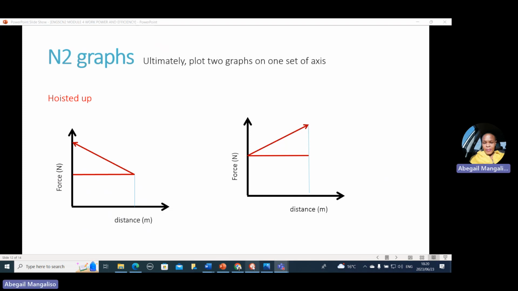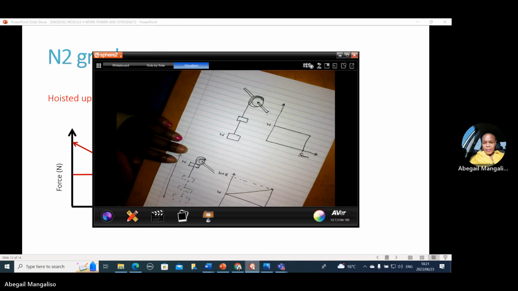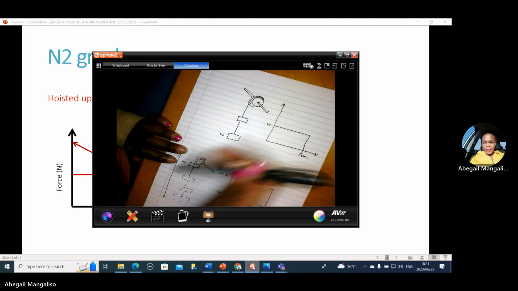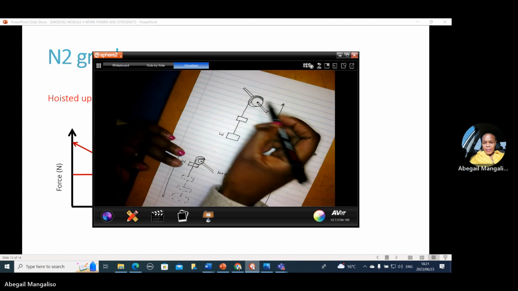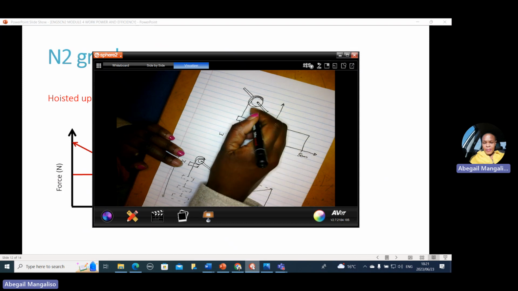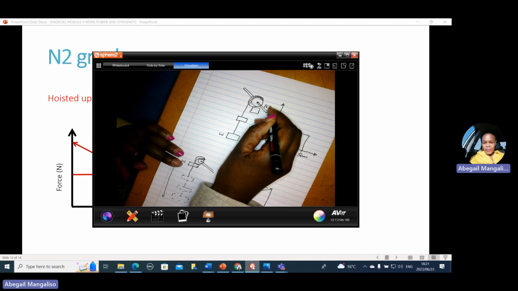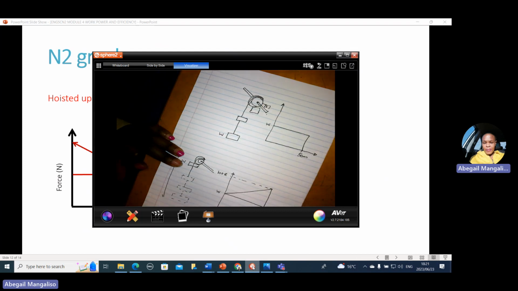Let's have a look at this. The first diagram there, we have a drum. Let's say this drum is resting on a platform, and there is a motor that is driving the drum.